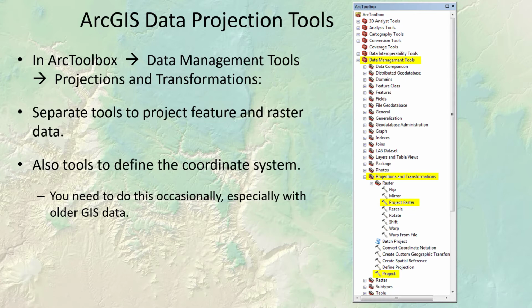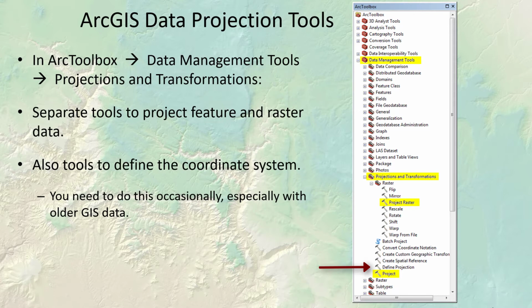Now, occasionally you actually have to define a coordinate system for a data set. You usually have to do this when the data comes from some really old source, back in the 70s or 80s. Back then, GIS systems were not able to transform data on the fly, so you could never load data sets in different coordinate systems into the same GIS session.